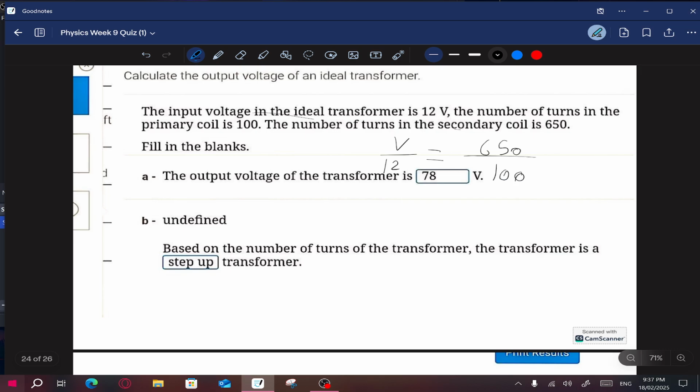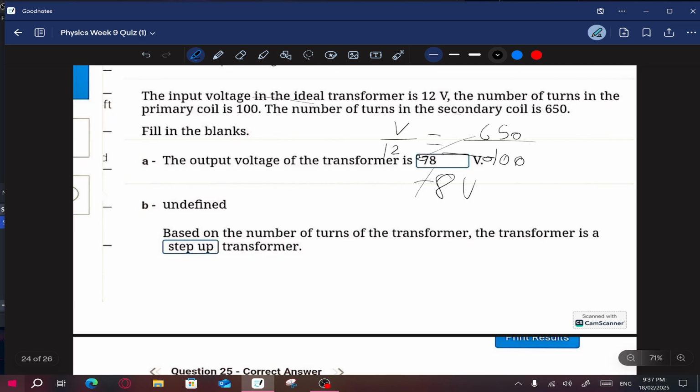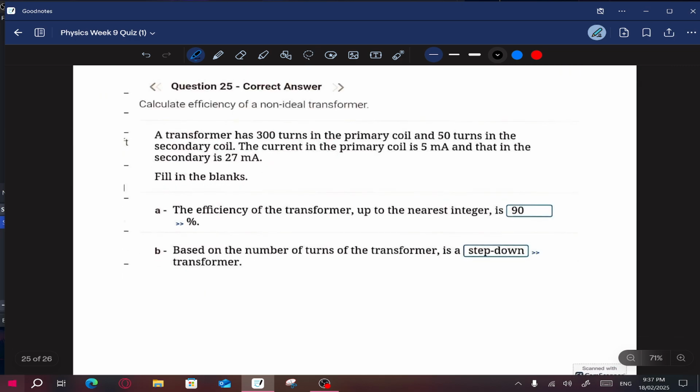Then 650 times 12 divided by 100 gives you 78 volts. The number of turns in SC is greater than PC, so it's a step-up transformer.